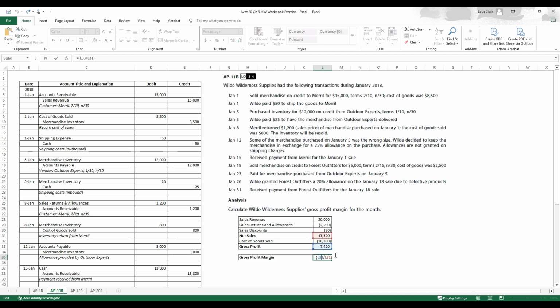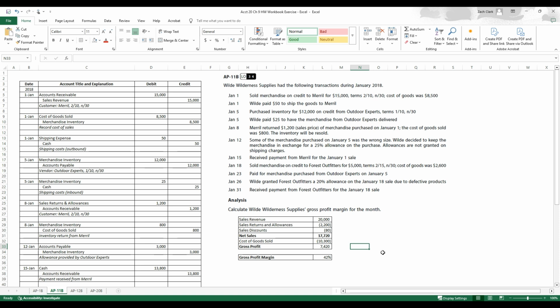So in other words, out of every sale that we make, 42% of that sale is basically profit when we figure in the average cost of goods sold. So if you take gross profit divided by 42%, you get the net sales amount, right?